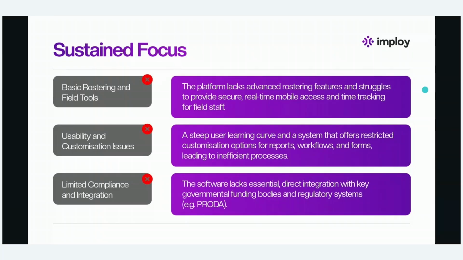So with Imploy, we have used a lot of software in the past, and we've gotten a lot of insights into what we believe is good software and what isn't. One of them, especially for the direct supports, comes down to the rostering and the tools for the support workers themselves. Anyone who is familiar with Imploy will know about our AI vacant shifts feature.